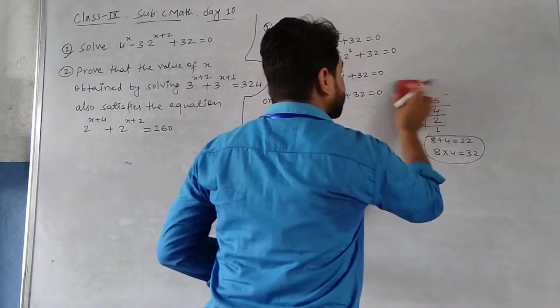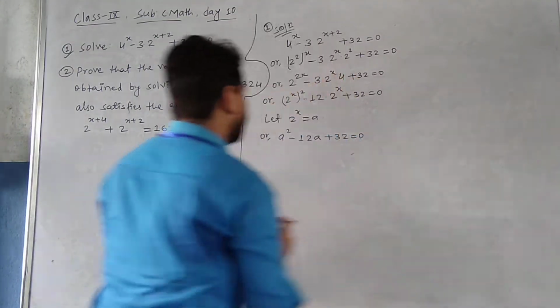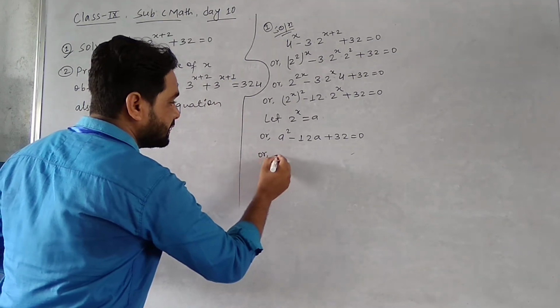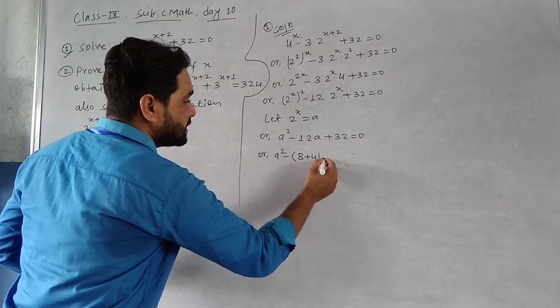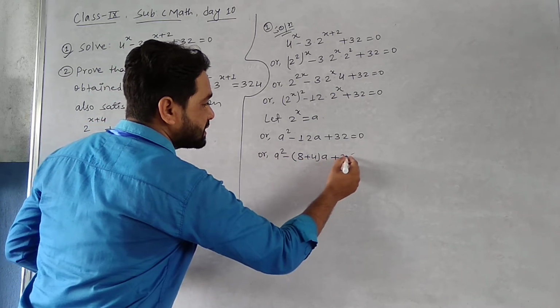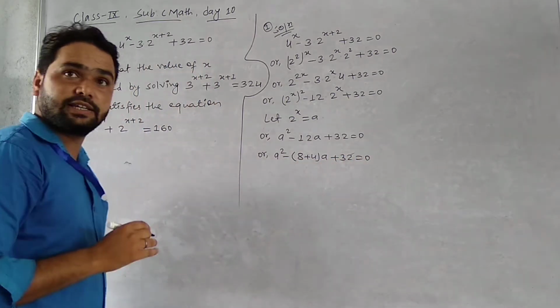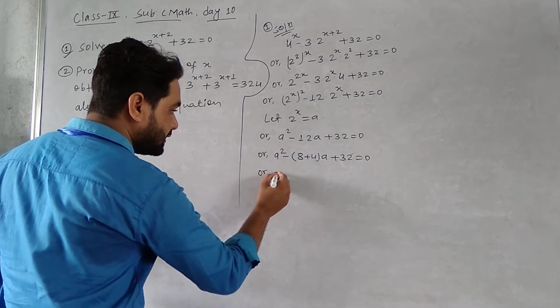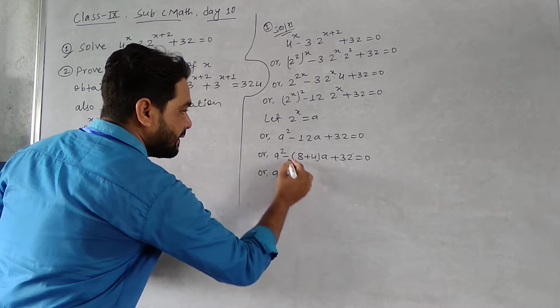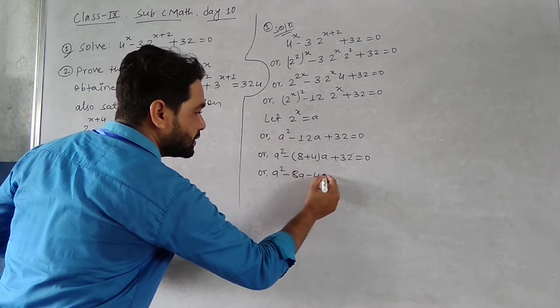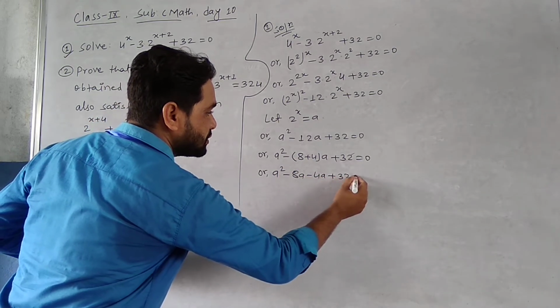So let's write a square minus (8 plus 4) into a plus 32 equals to 0. Now again, a square, this minus is there, so minus 8a, plus minus minus 4a, plus 32 equals to 0.